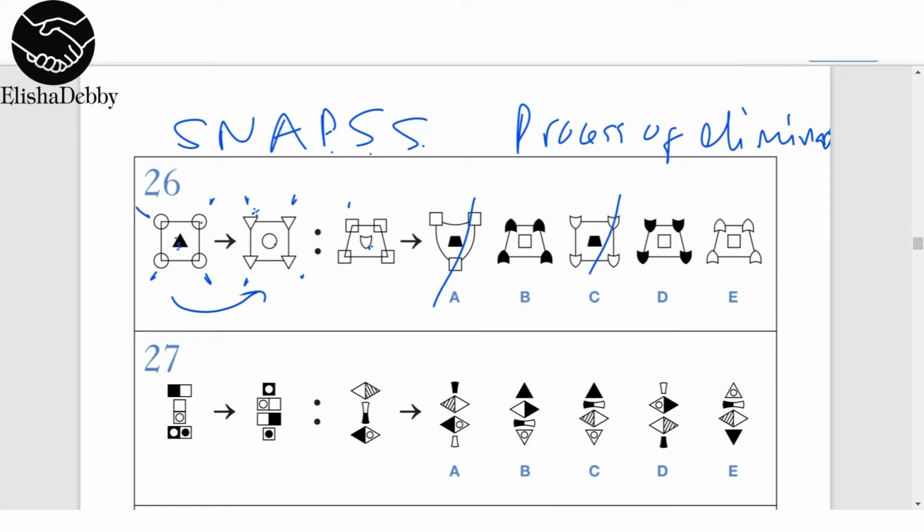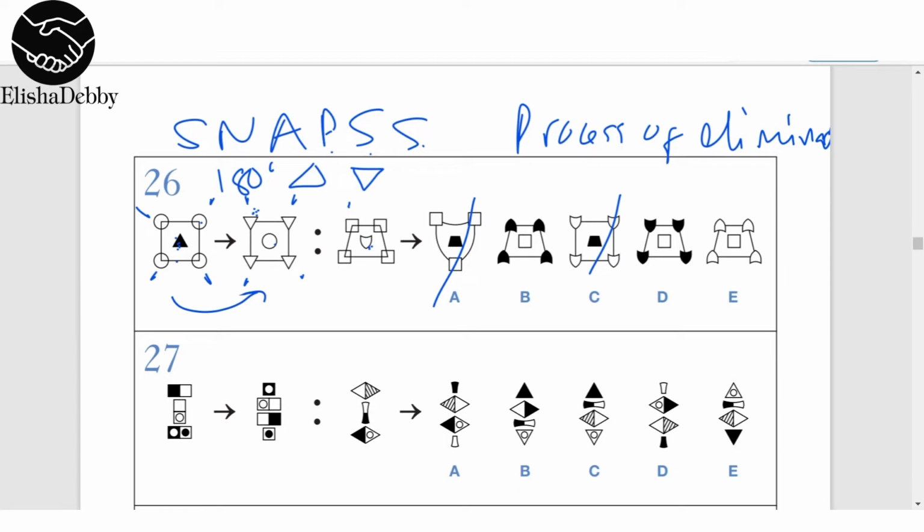And what other element can we look at? We can see that the shape inside actually goes outside, but then it's turned 180 degrees, meaning it's turned to the other side. So when it was like this, it goes to the other side and turns that way. So the same thing here.